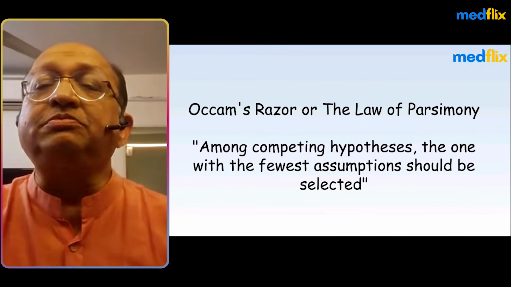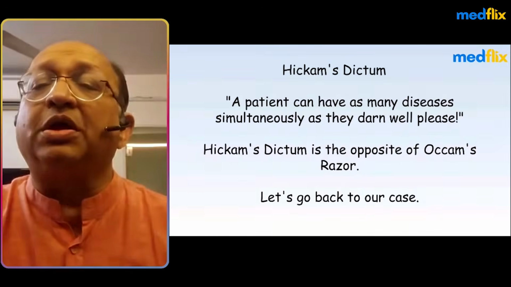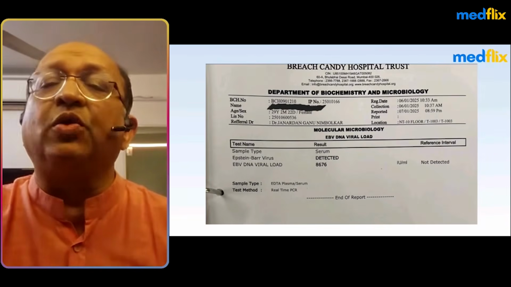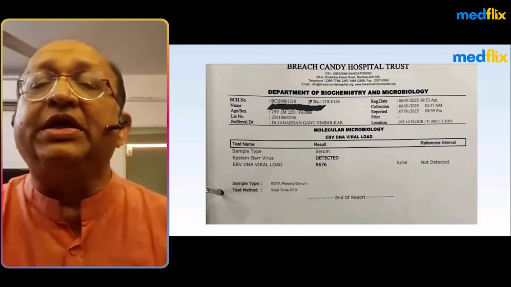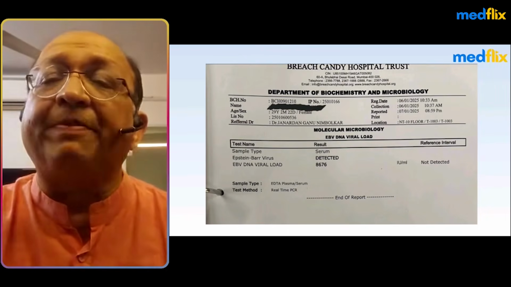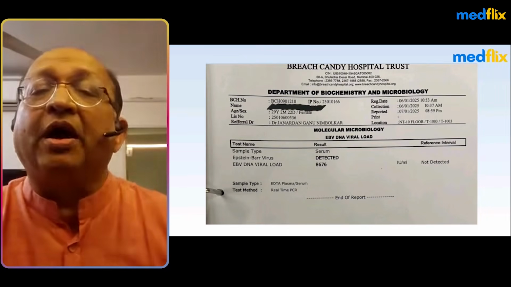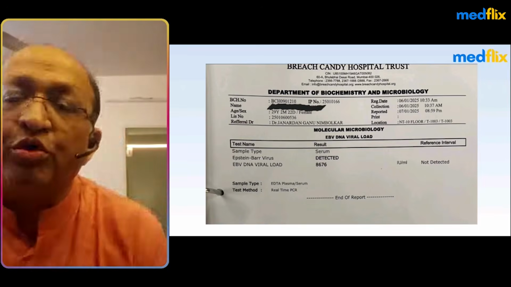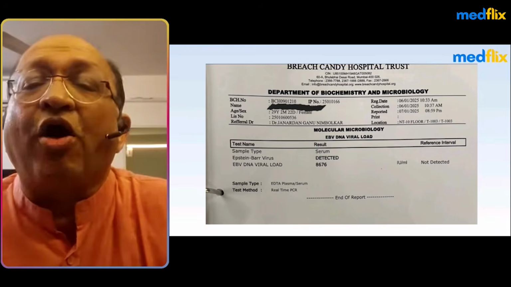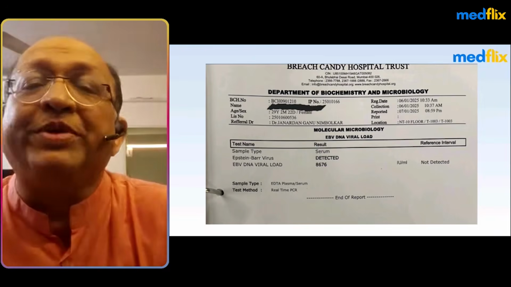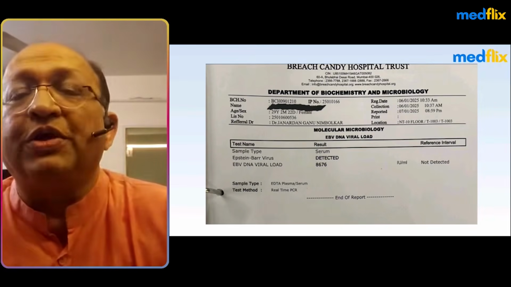Okay, now we go on to her reports. This 29-year-old lady finally was diagnosed as EBV, Epstein-Barr virus, sorry, infectious mononucleosis. So in this case, Occam's razor came to be the correct method to follow.